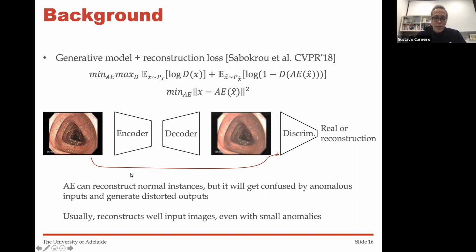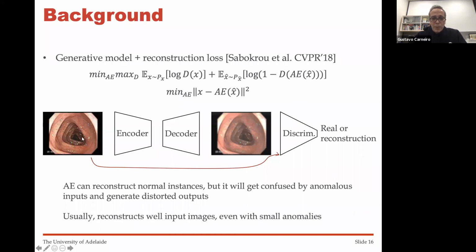The hope here is that the autoencoder can only reconstruct your normal instances, because during training, you only present the normal images. And when you present an image that contains, in this case, a polyp or a lesion or some anomaly, then the reconstruction will be very confused, and it will reconstruct something that doesn't look like the input image, such that it looks like an image that could fool the discriminator into believing that this is a normal image, right?